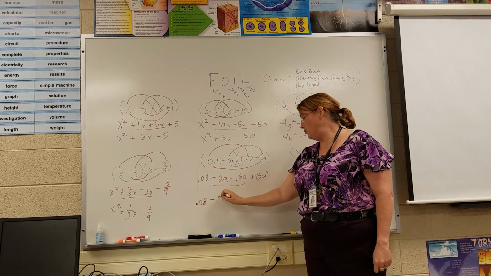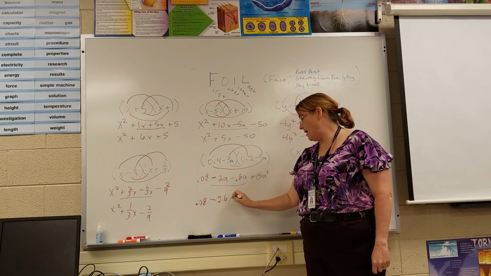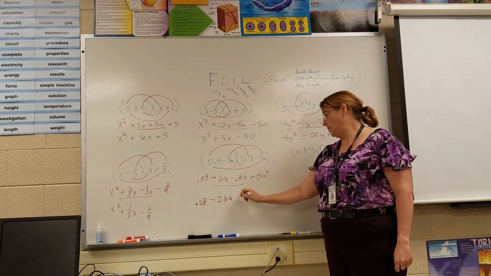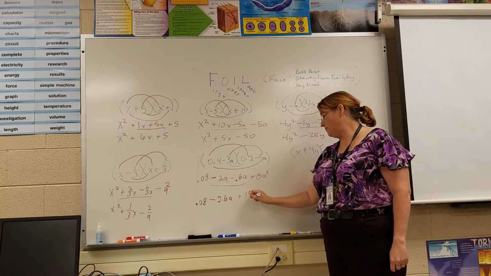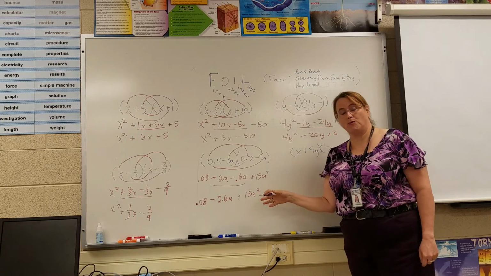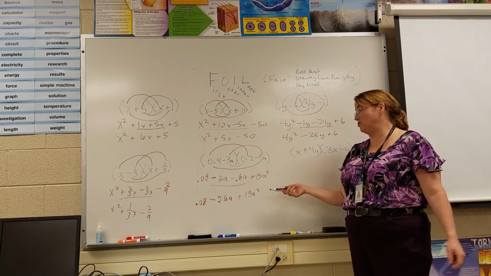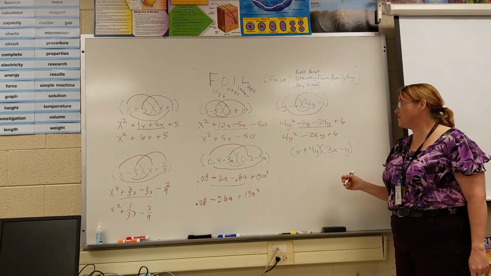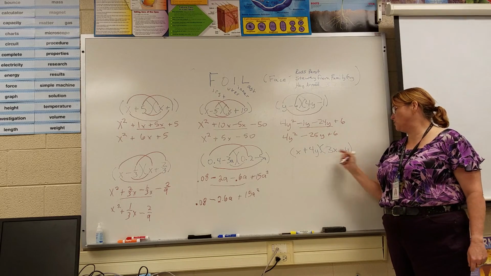So I'm going to have minus 2.6a, so I add them together, plus 15a squared. Generally speaking, you don't see them backwards like this, but it can happen, so you should see that it can happen.